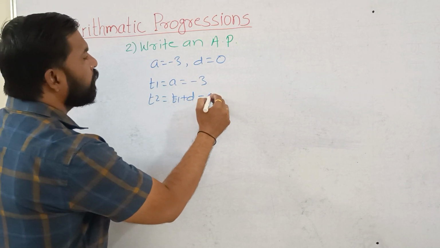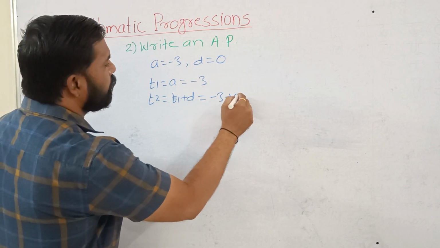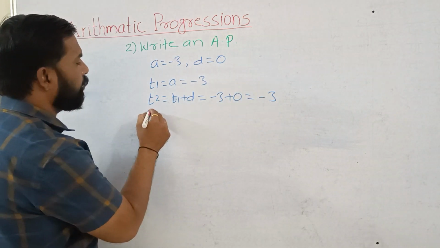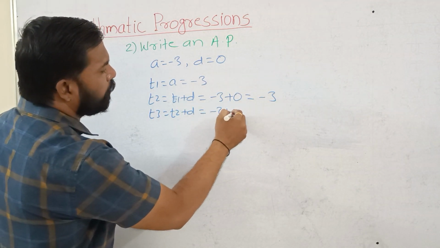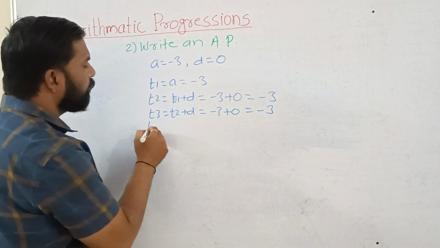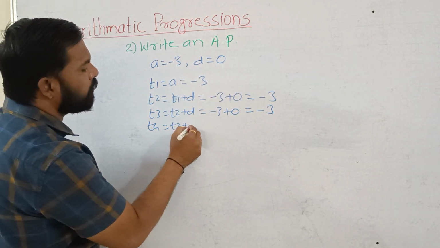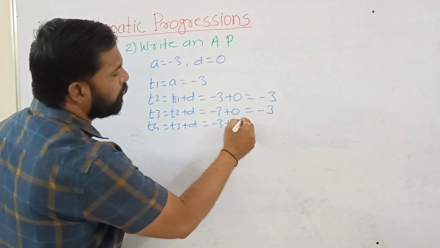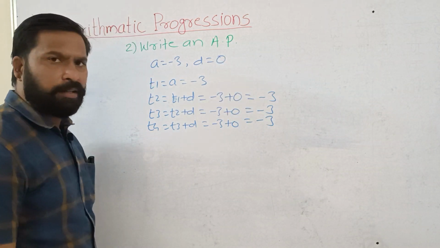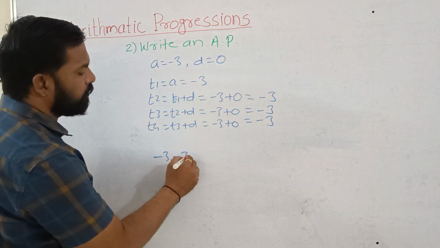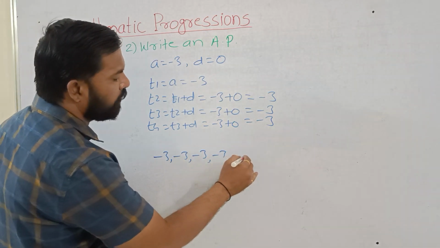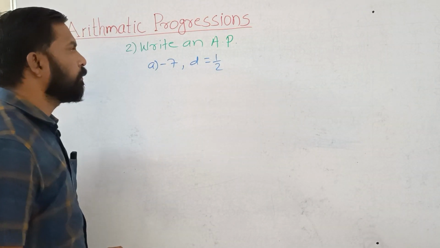T1 plus D, T1 is minus 3 plus 0, which is minus 3. T3 is equal to T2 plus D, minus 3 plus 0, minus 3. T4 is equal to T3 plus D, minus 3 plus 0, minus 3. Okay. So the required arithmetic progression is minus 3, minus 3, minus 3 and so on.